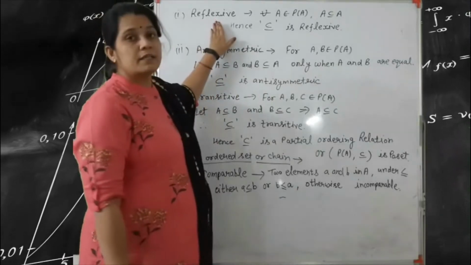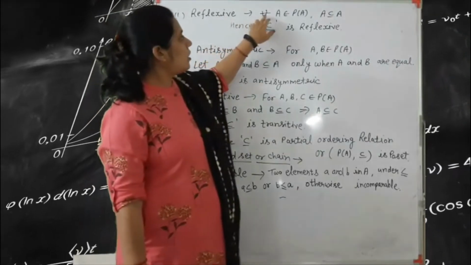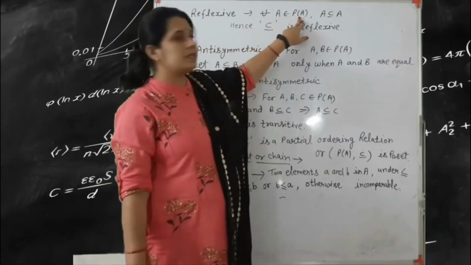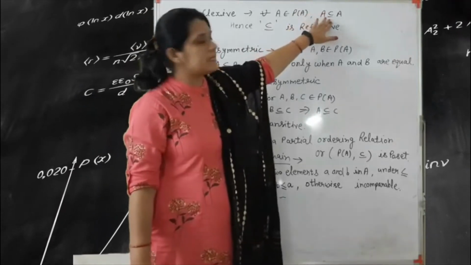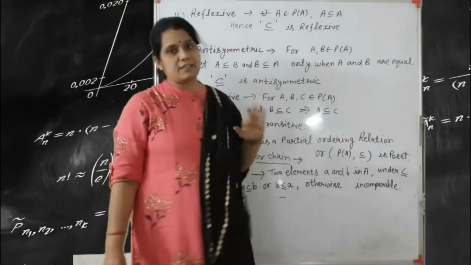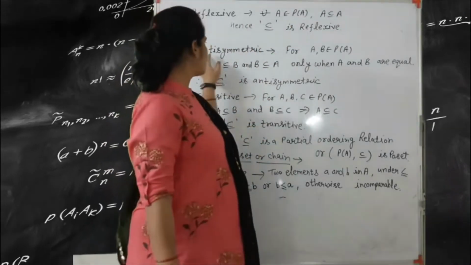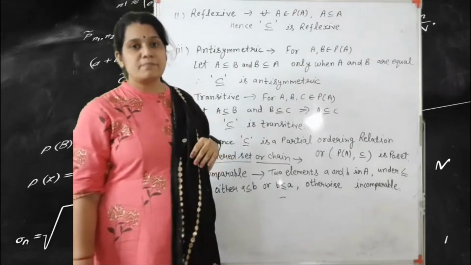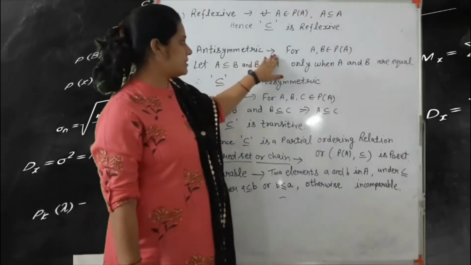The first property is the reflexive property. For all A belongs to P(A), A is a subset of or equal to A, hence this sign is reflexive. Subset is reflexive. Next is the antisymmetric. Antisymmetric means what?